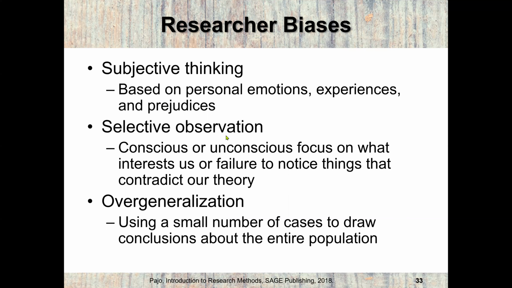Now, selective observation can be the conscious or unconscious focus on what interests us or failure to notice things that contradict our theory. Overgeneralization is using a small number of cases to draw conclusions about the entire population.